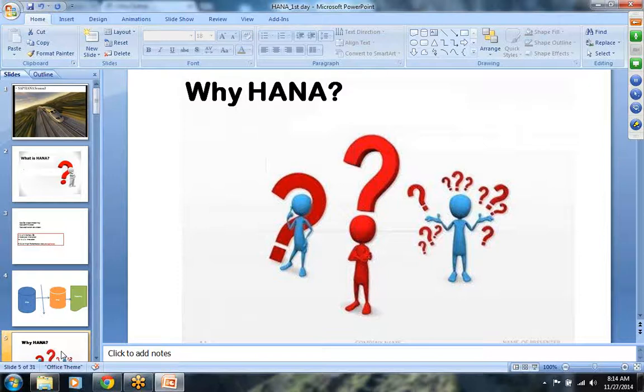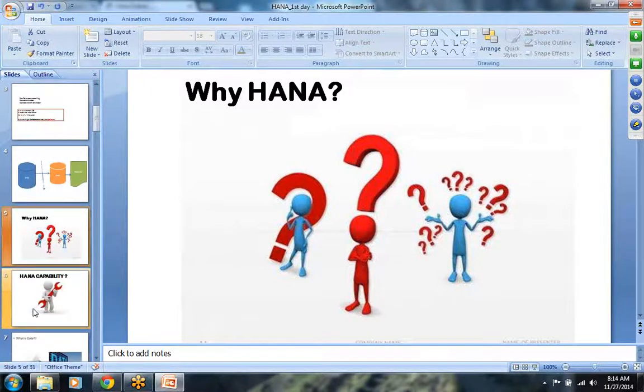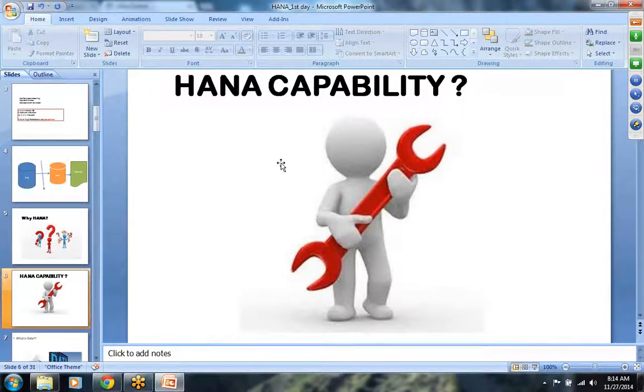Next, what is HANA capability? HANA capability. It is mainly for performance. As I told you in the abbreviation itself, high performance analytic appliance. Performance. What does performance mean here?